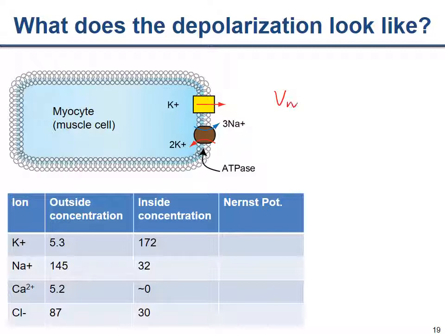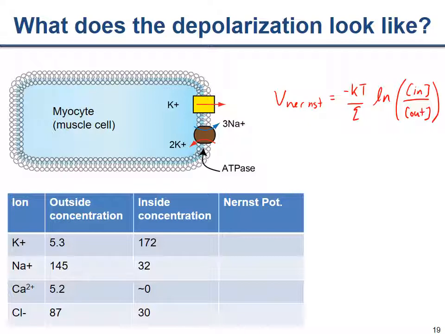What this allows us to do is write out the Nernst equation. In this case, I'm going to use a slightly different form of it than what we presented in an earlier lecture, but it's effectively the same thing. So minus kT over q times natural log of the concentration inside versus outside.